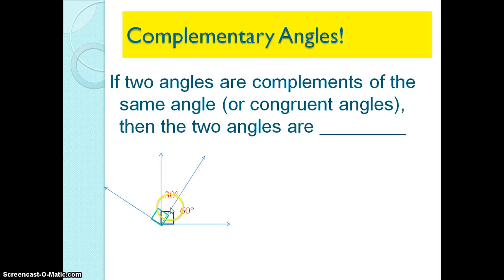Let's say I throw in another 90-degree angle right here. If this angle is 30, then this one has to be 60 to add up to 90 degrees. Notice that this one is complementary to the 30, and this one is complementary to the 30, which makes those two angles congruent. That's all for today.